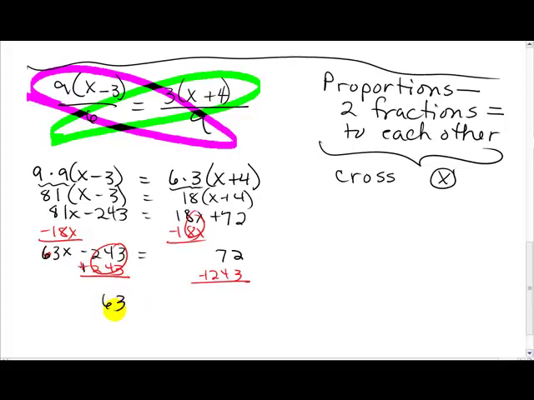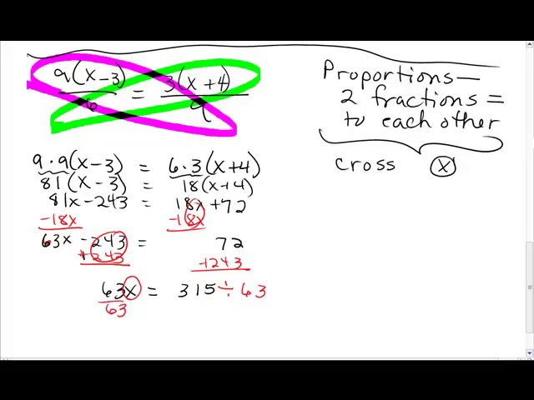We're left with 63x is going to equal 315. Now we're ready to get that x by itself. Divide by 63, divide by 63, and x will equal 5.